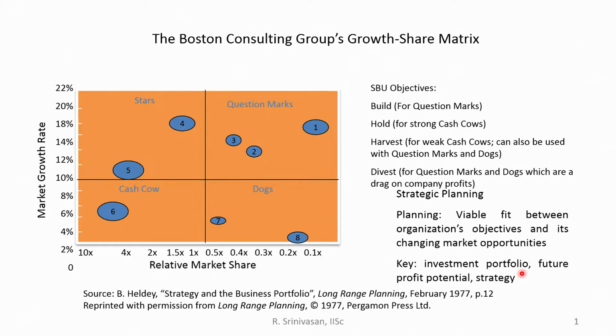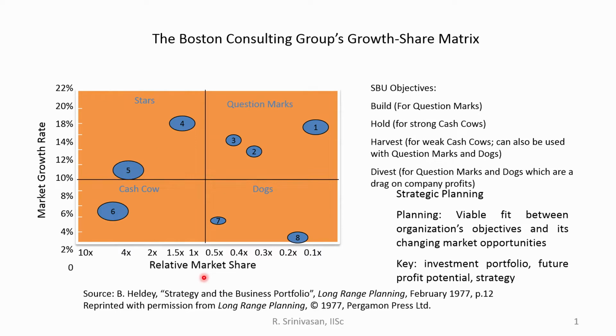Welcome to this class. Today we will discuss first this Boston Consulting Group growth share matrix. This is referred to in short as BCG matrix. This is an important matrix in marketing.